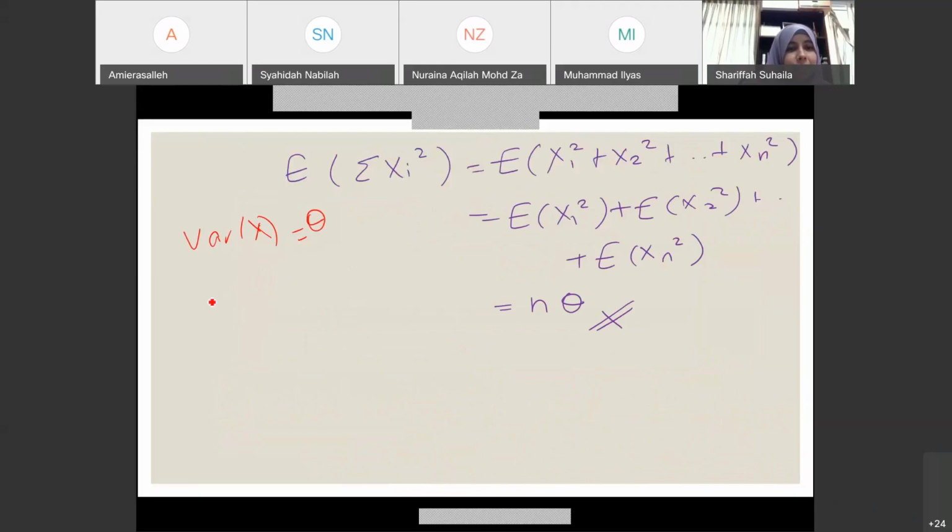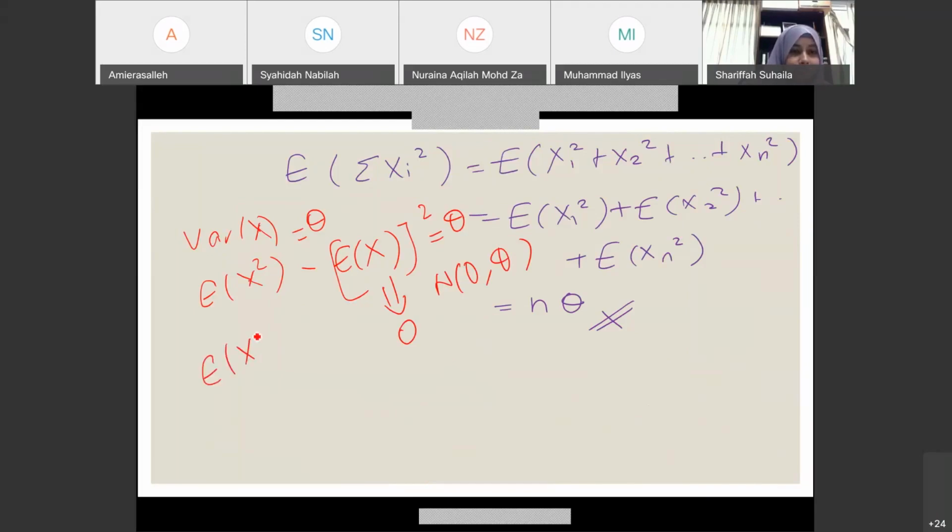So variance is E of X square minus E of X, squared. This one is 0 because you have normal 0, theta. So of course you will get E of X square equals theta. Okay, this is also similar to a question in the test. So you have n terms, so n theta.